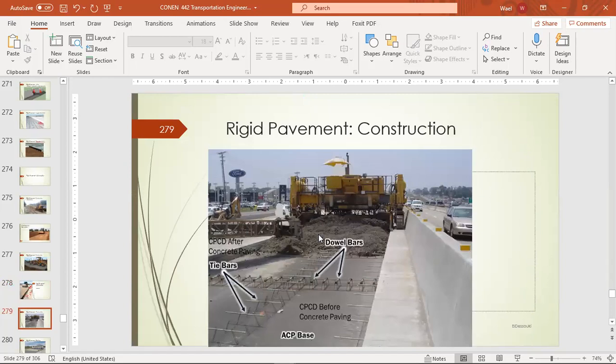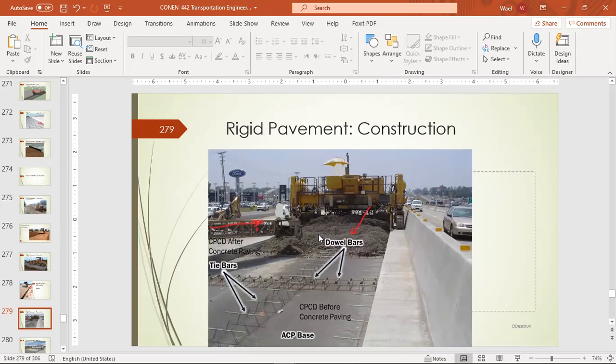The last step is basically placing the concrete, and this is a concrete paver. As you can see, the concrete is poured from here, and this goes to level it and compact it.